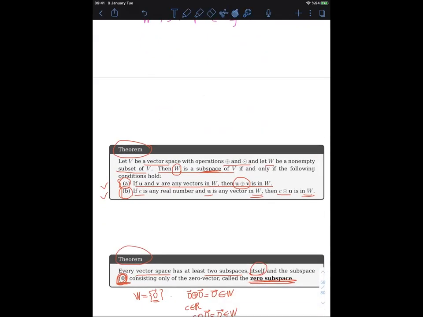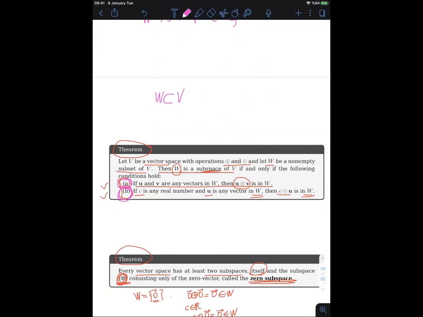So it turns out that if W is a subset of a vector space V, then you only need to check two properties. If these hold, the others will automatically hold. So out of those 10 properties, only property A and property B must be checked.